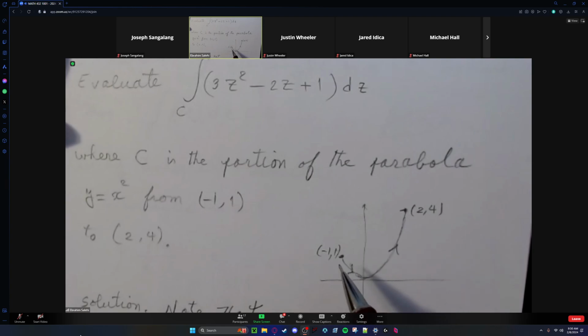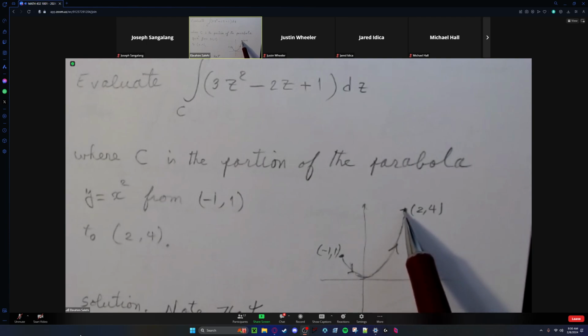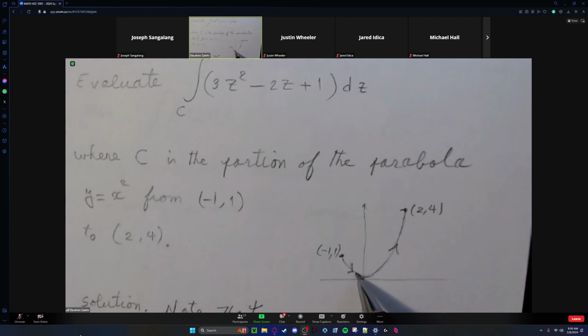And we want to integrate from this point along this curve going to this point. So usually, in this case, the function that we are integrating has an antiderivative.